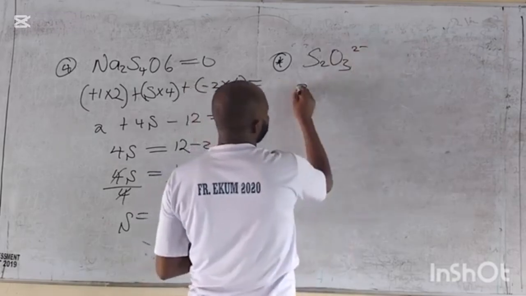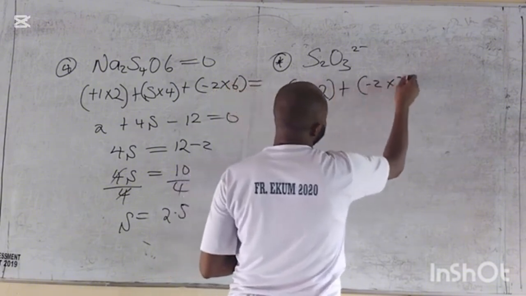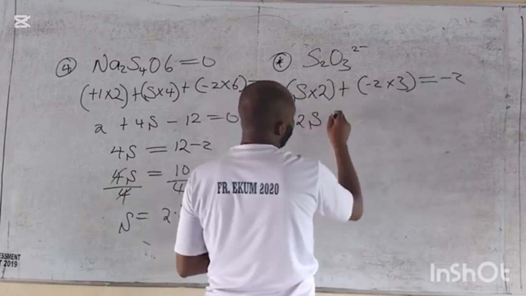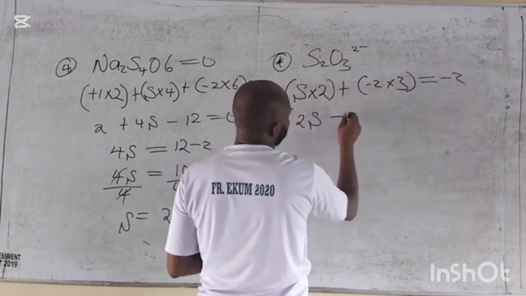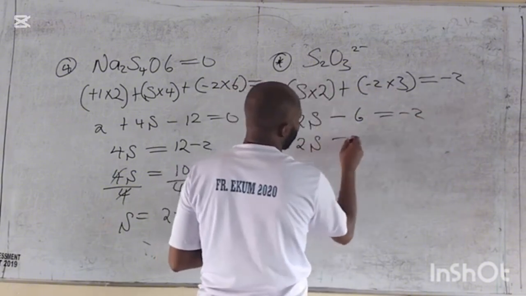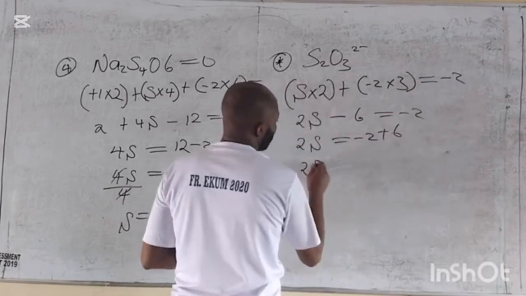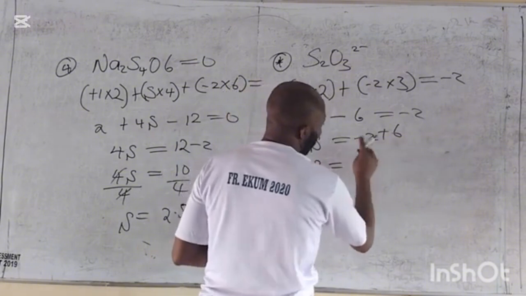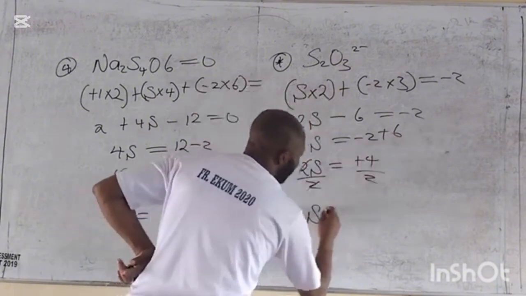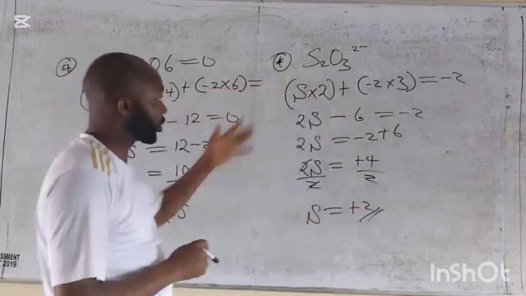So I have sulfur times 2, plus oxygen is minus 2 times 3, equal to minus 2. 2 sulfur plus times minus is minus, 2 times 3 is 6, is equal to minus 2. Now 2 sulfur is equal to minus 2 plus 6, when minus 6 crossover becomes plus. Yes. 2 sulfur is equal to plus 4. Minus 2 plus 6 is plus 4. Divide both sides by 2. So my sulfur becomes plus 2. So that's the oxidation state of sulfur in that compound.